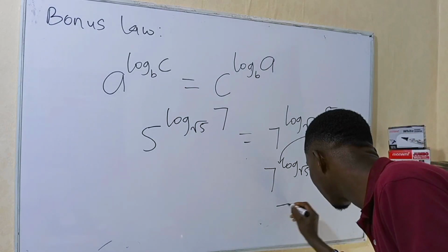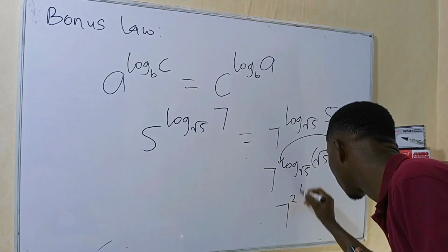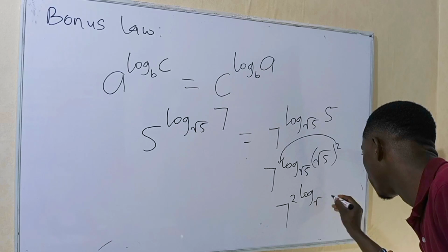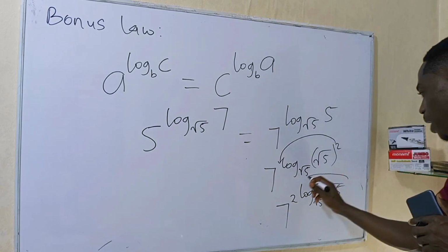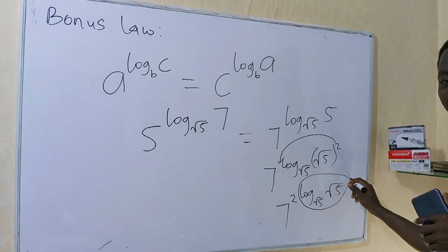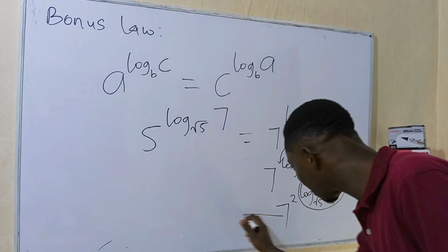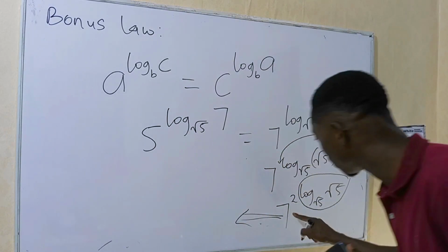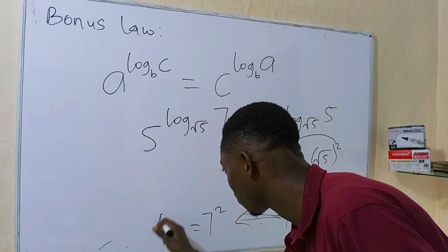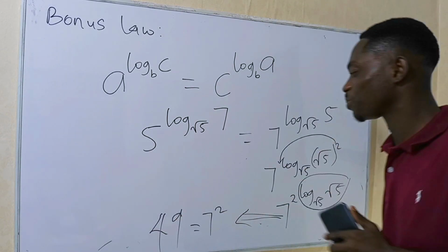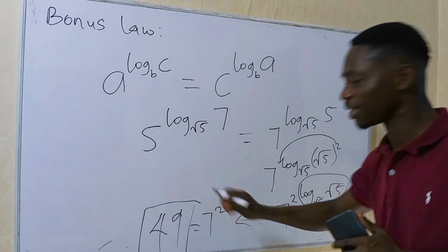So we will end up getting 7 to the power 2 multiplying log base root 5 of root 5. And we see that this right here is just 1. Cool. So ladies and gentlemen, we are going to have 7 to the second power, which is just 49. And that is pretty much it.